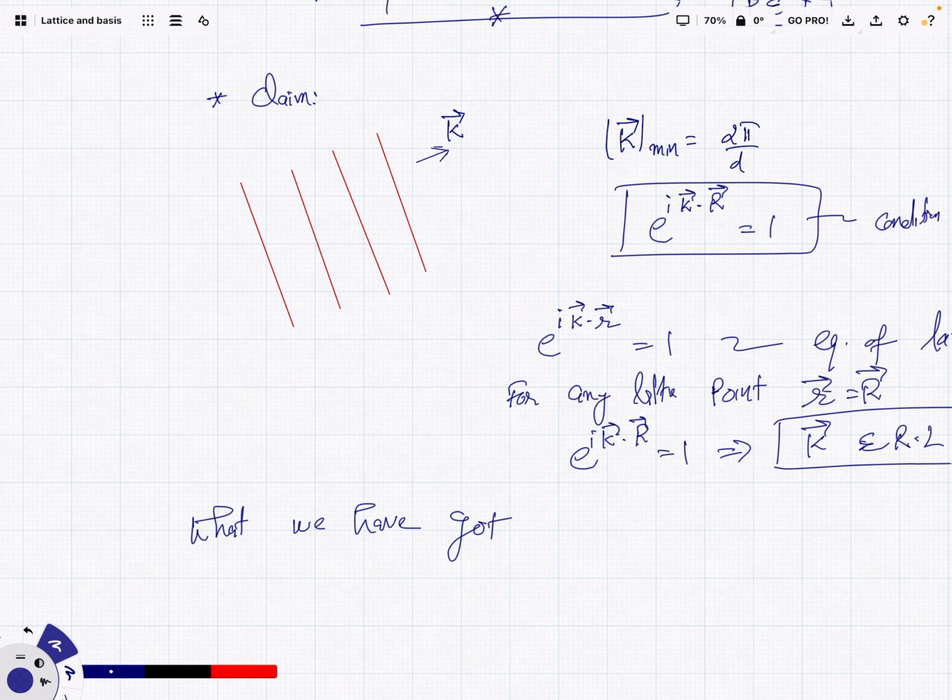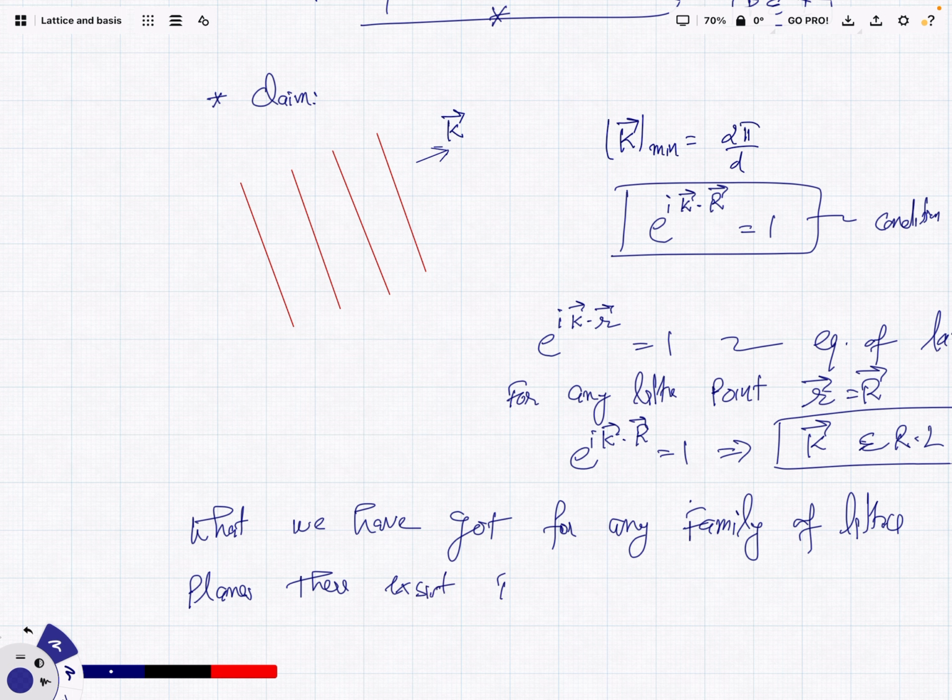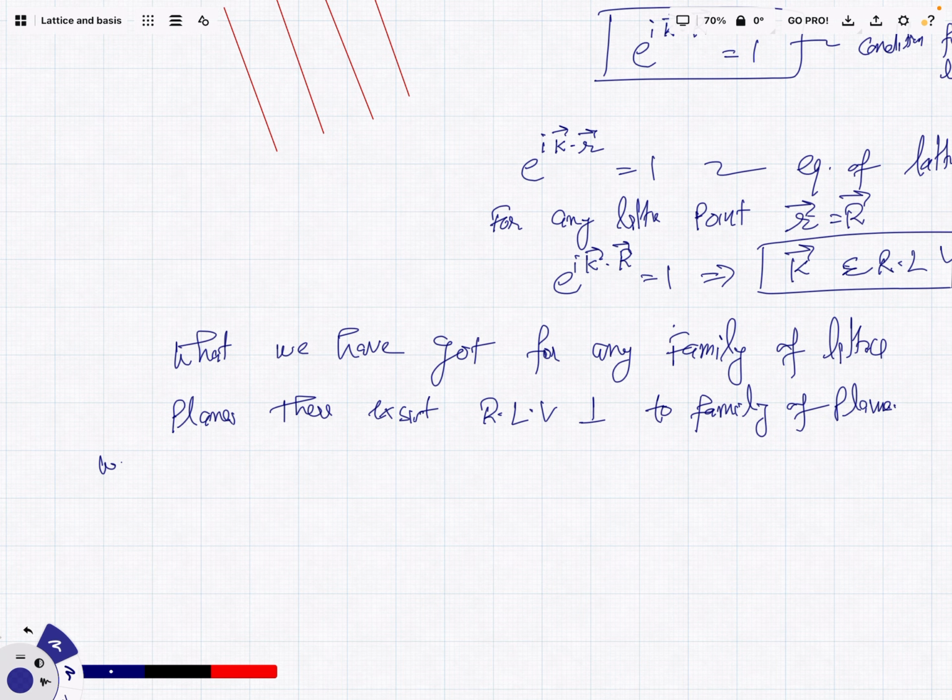So for any family of lattice planes, there exists a reciprocal lattice vector perpendicular to the family of planes with minimum magnitude 2 pi by d.